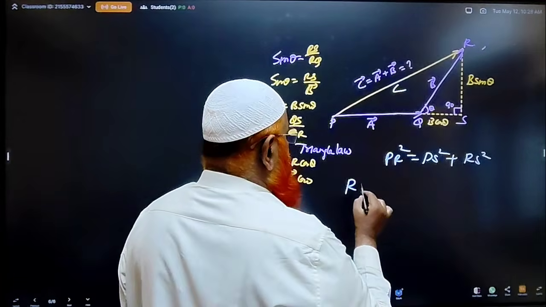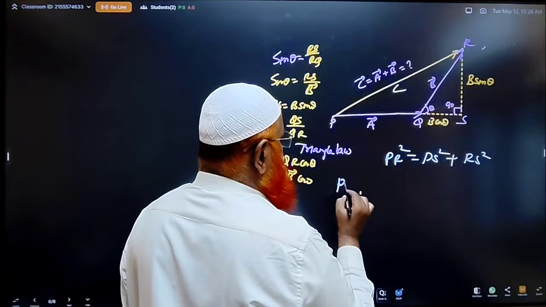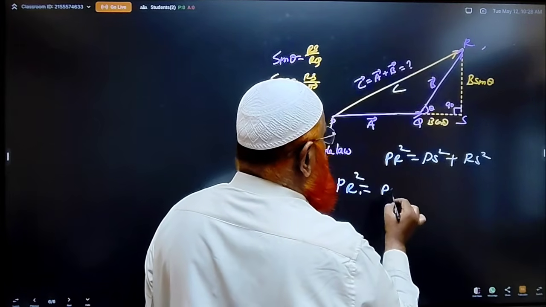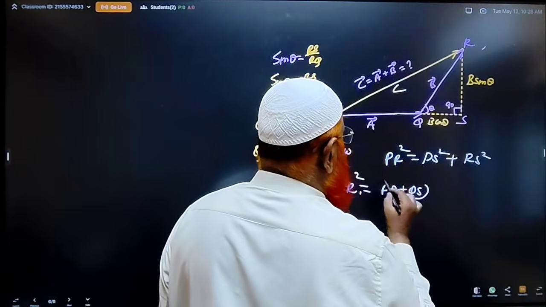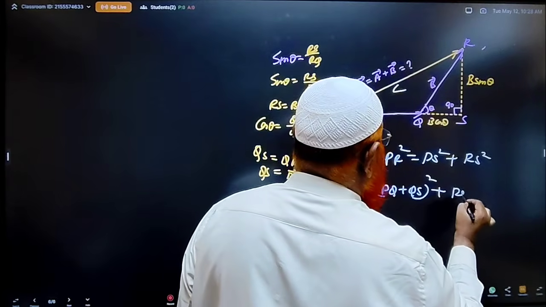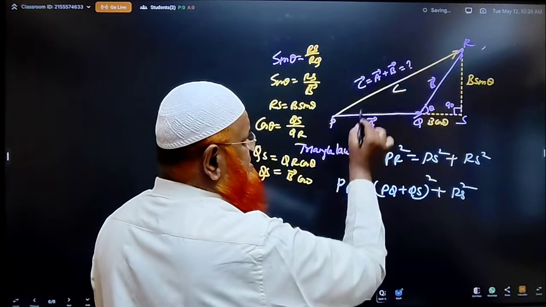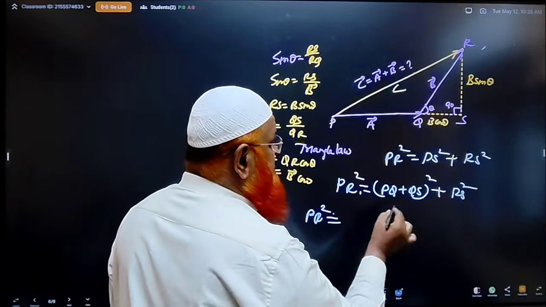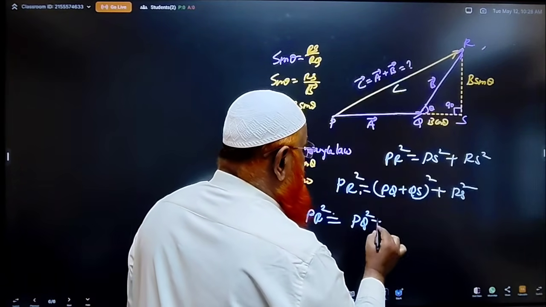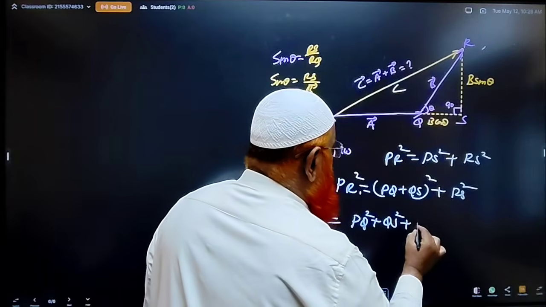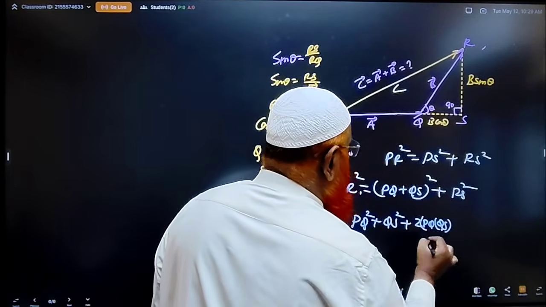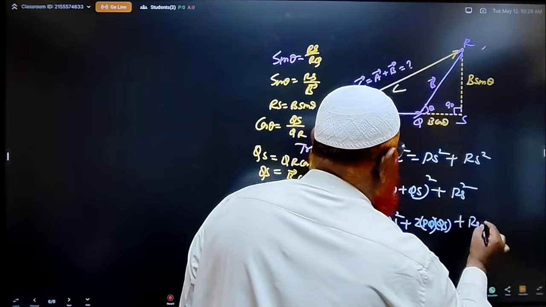So here PR square is going to be PS square. PS is nothing but what? PQ plus QS whole square plus RS whole square. So PR square, I will write like that only, and this is A plus B whole square, that is PQ square plus QS square plus 2 into PQ into QS, okay, and plus RS whole square.